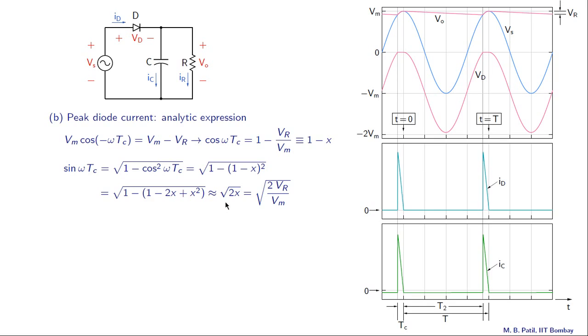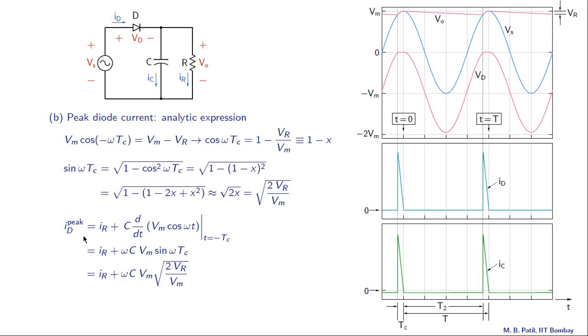So we end up with the square root of 2x. So that is the square root of 2 times Vr by Vm. And now you can use this result to get the peak diode current. It's IR plus C dVs by dt evaluated at t equal to minus Tc, and as we have seen in the last slide, this is the same as omega C Vm sin omega Tc, and the sin omega Tc can now come from this result, and that is what we get finally.